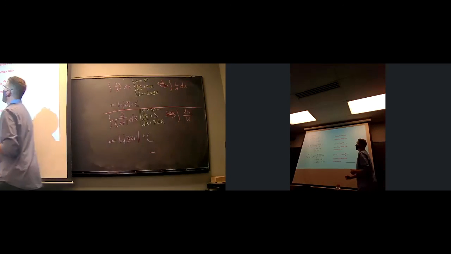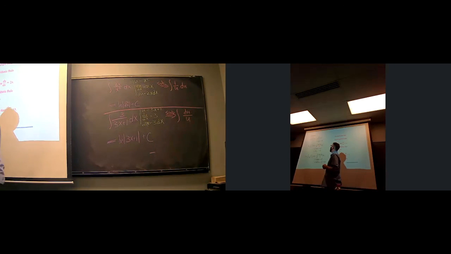So for number A, who got 4 times the ln of the absolute value of x plus c? Cool. So looking at these, you can pull out that 4 right away. That's the constant multiple rule.